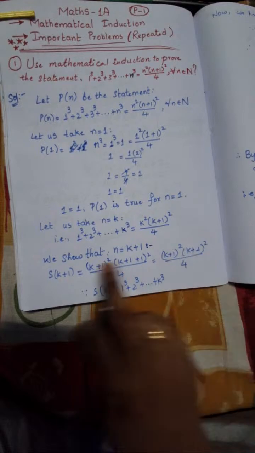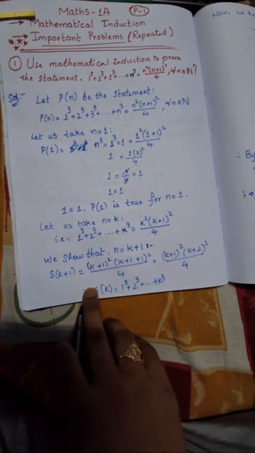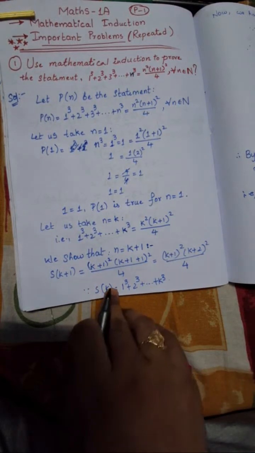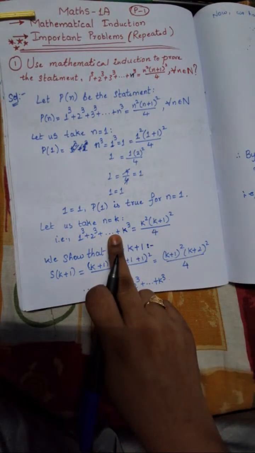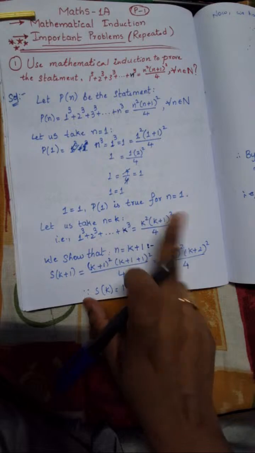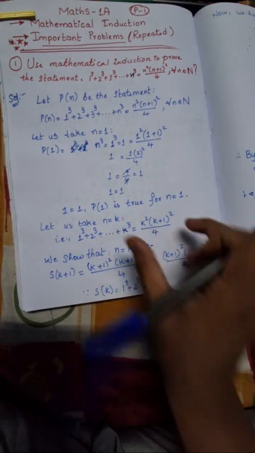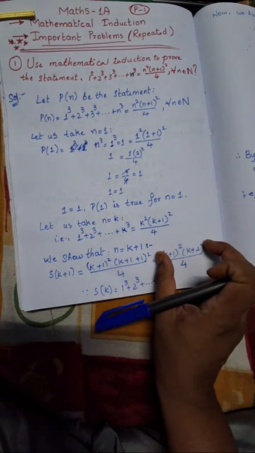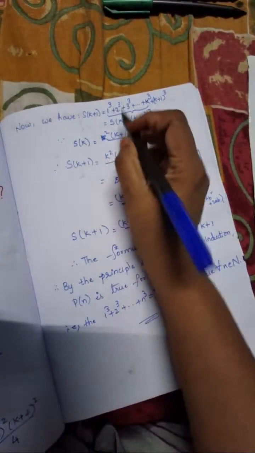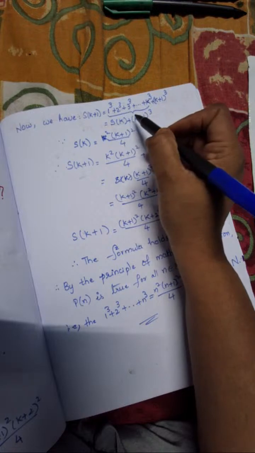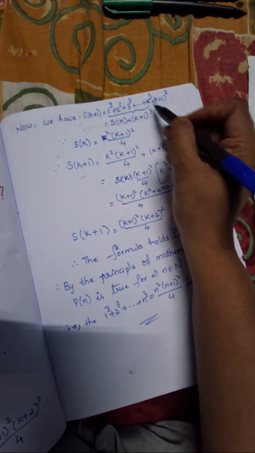So let us take s of k, which is equal to this one, k cube on the left side, and the right side is the one we have to take to prove s of k plus 1. So let us take s of k plus 1 is equal to s of k plus k plus 1 whole cube.